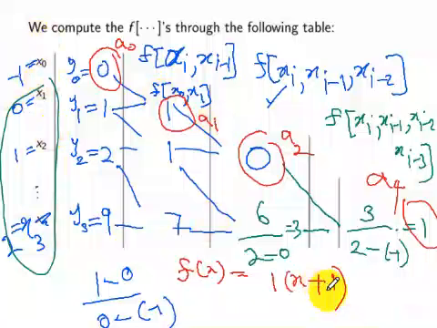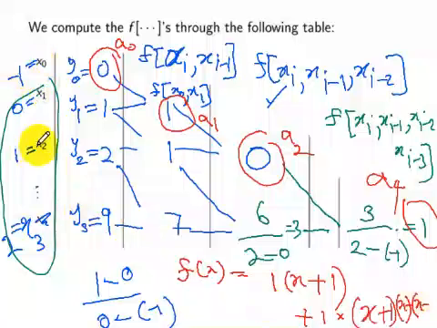That is your a1 term. a2 is 0, and a3 is 1, and the next term is 1 times x minus x naught, which becomes x plus 1, times x minus x1, which is x minus 0, times x minus x2, which is x minus 1.